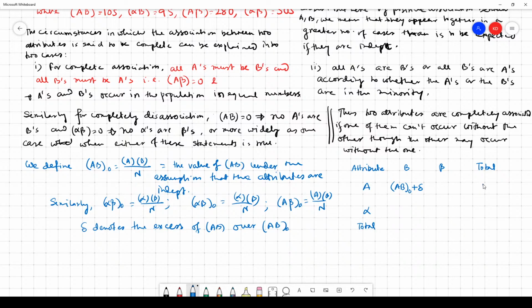Since the marginal total is fixed, it should be minus delta.